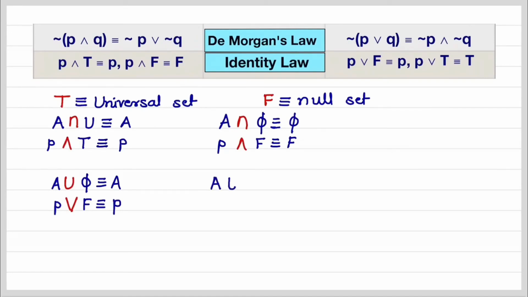And in logic, P or T, P disjunction T, is equivalent to T. With set theory, you can easily remember all these laws.